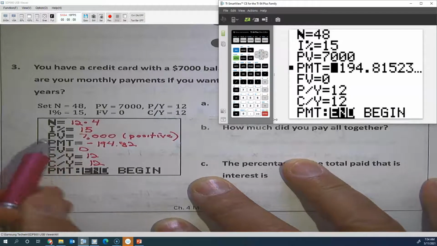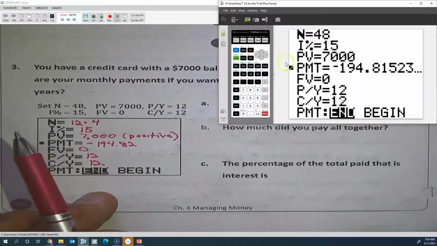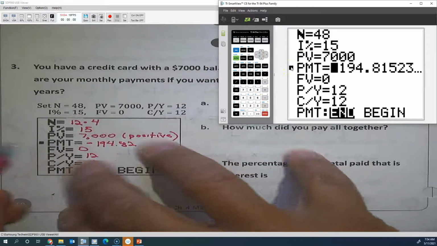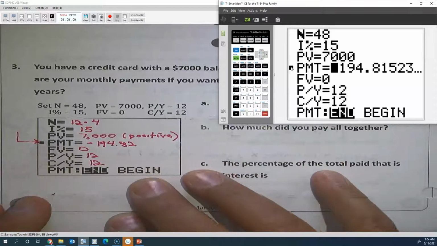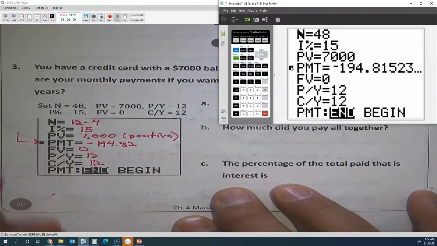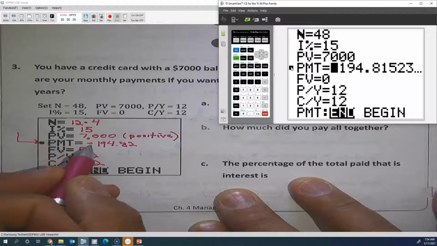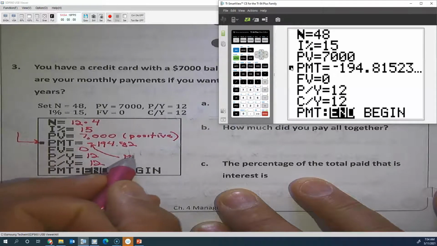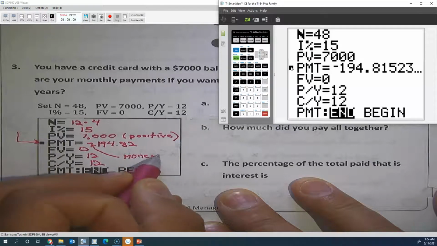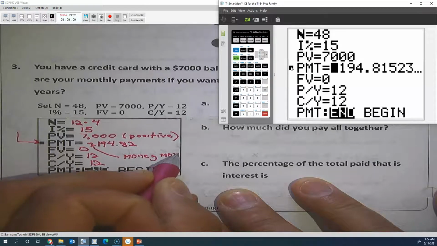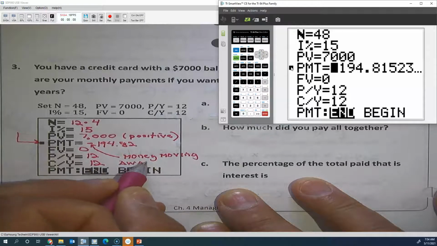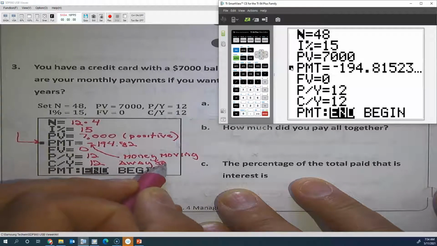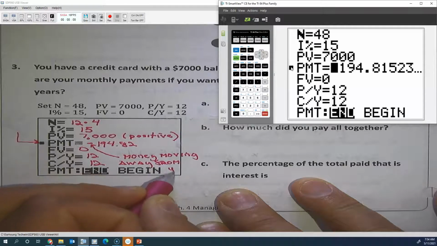Now you see that little black square next to it? That's just telling you this is what you just figured out. You calculated the payment. Okay, so you got to understand what this negative means. This is money moving away from you.